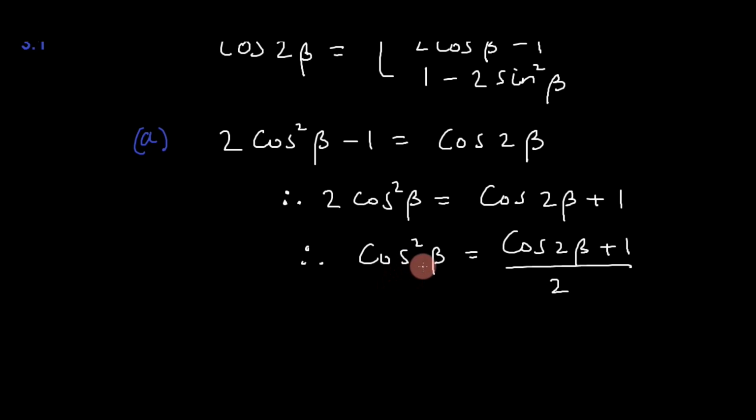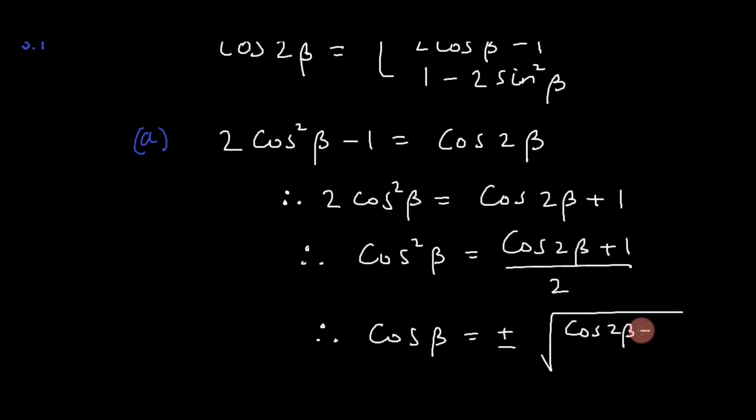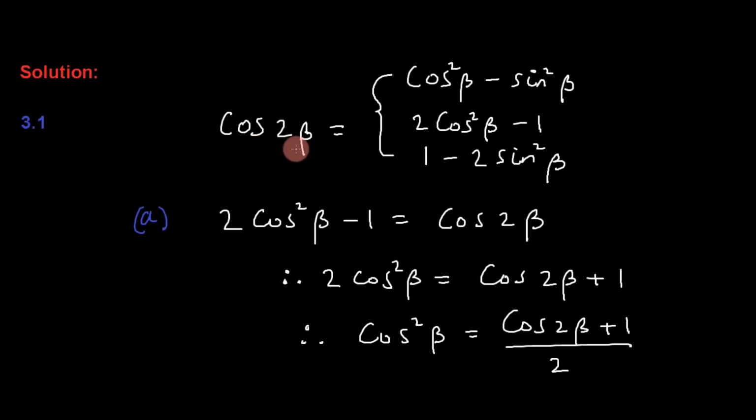And finally, we're going to take the square root on the right-hand side. So it's going to be plus or minus the square root of the right-hand side. So we've now written an expression for the cos of beta by using the cos of 2 beta.